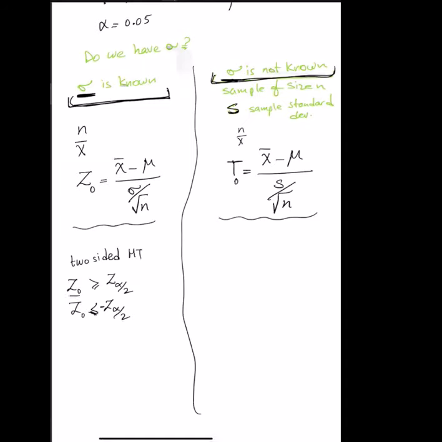If your test statistic, the one that we calculate here, falls in this range, is greater than Z of alpha over 2 or minus Z of alpha over 2, what is your conclusion?